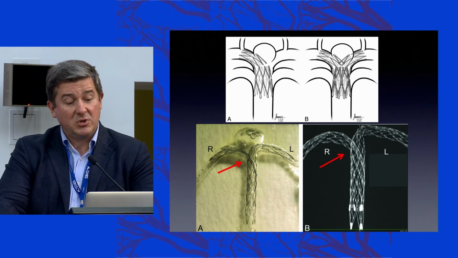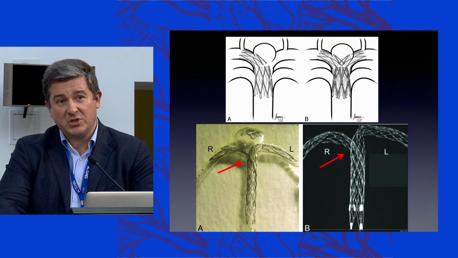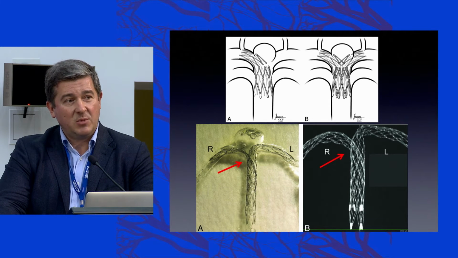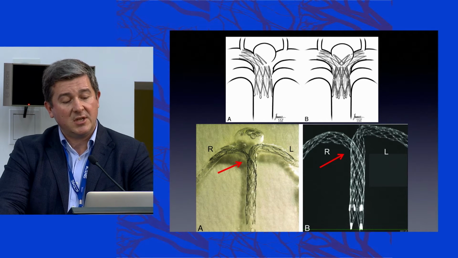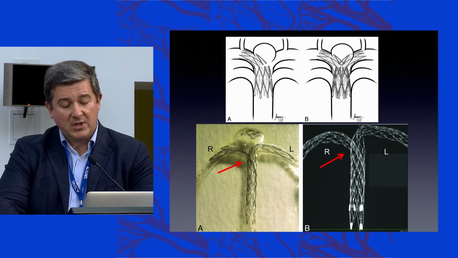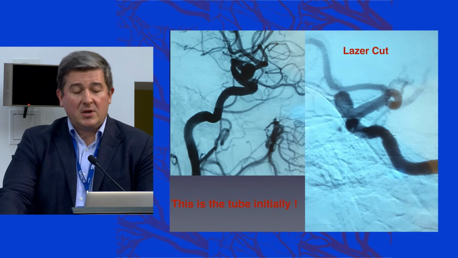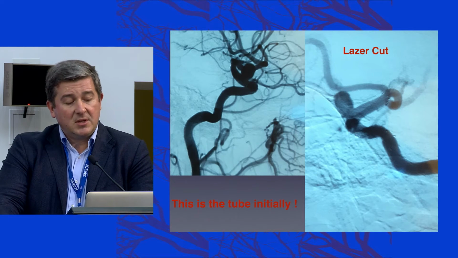On the other hand, this is a less hemodynamically stable structure. It is totally sufficient to support coils. On the other hand, to totally reconstruct a lost artery it may not be enough.